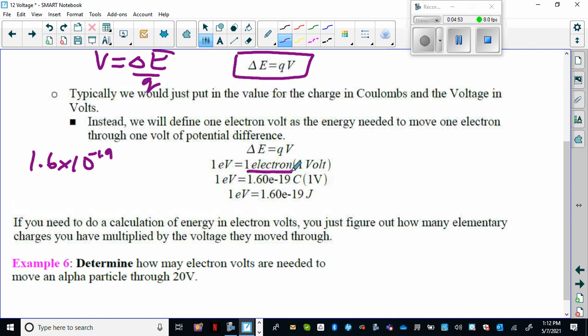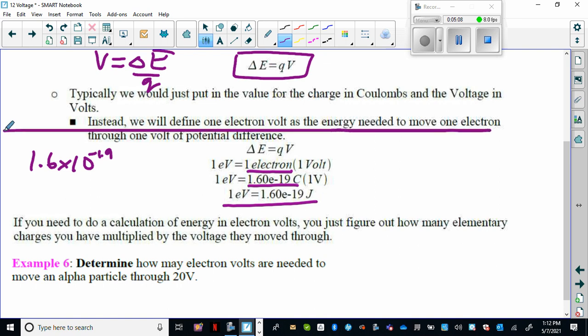Then we plug that number in here and we get this relationship. And what is this relationship? We define 1 electron volt as the energy needed to move 1 electron through 1 volt of potential difference. So 1 electron volt is 1.6 times 10 to the negative 19 joules.